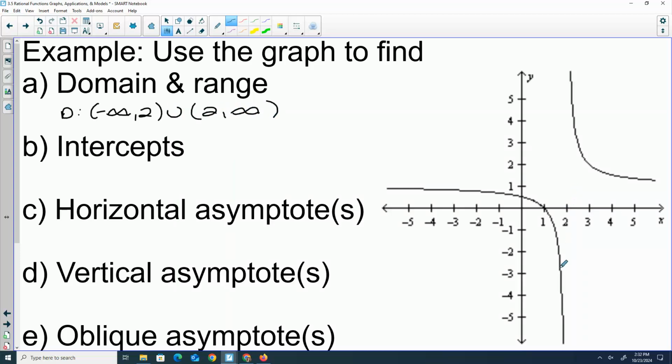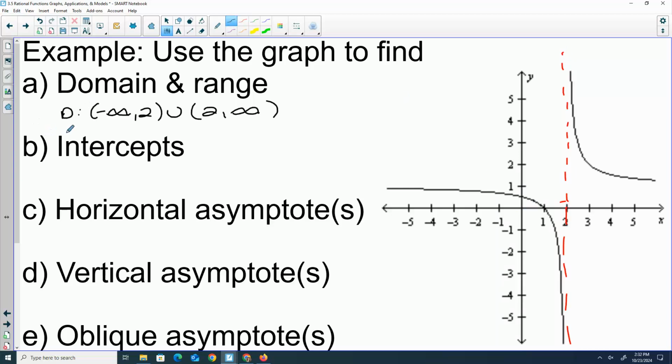Can you guys tell that our graph breaks when x equals 2? When we draw these, we would draw in an asymptote, and we'll just draw it as a dashed line. But that is a line that our graph is getting close to, but not actually crossing.